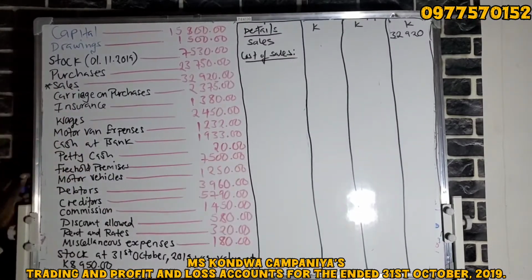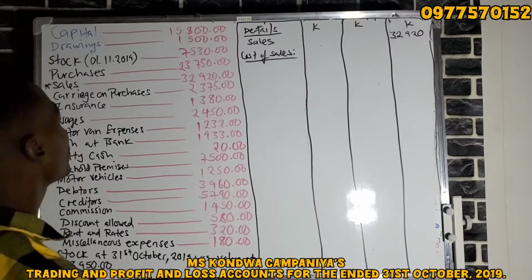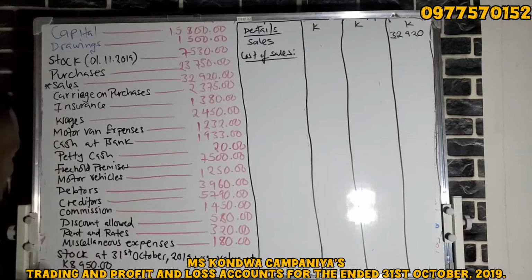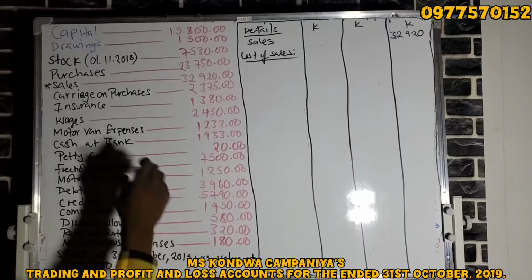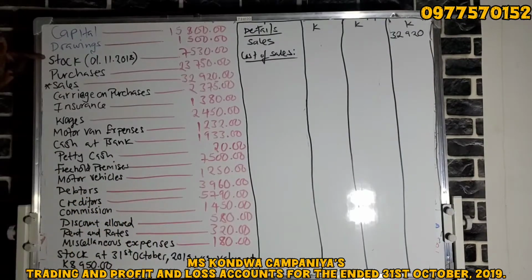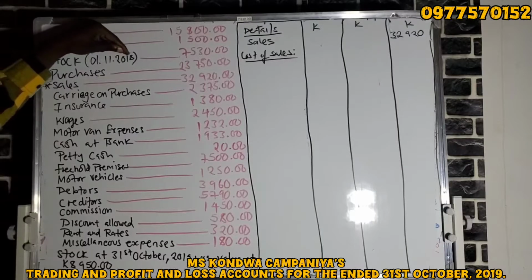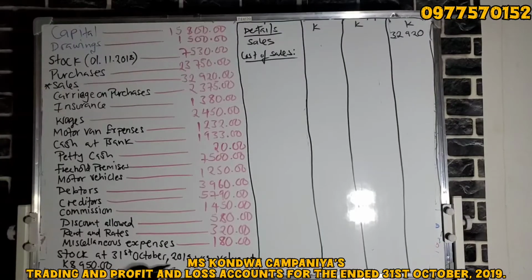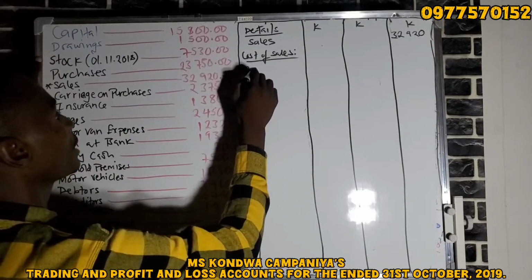Now in the cost of sales, we begin with the opening stock. We have two kinds of stocks, this one and the one down here. This is on the 1st November 2018, and this is 2019, so this is the opening stock.